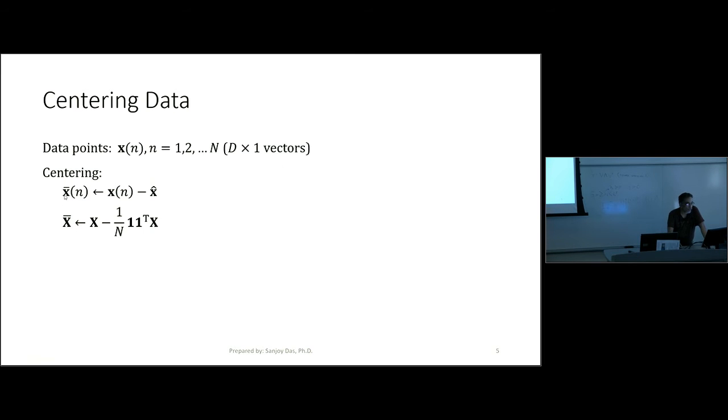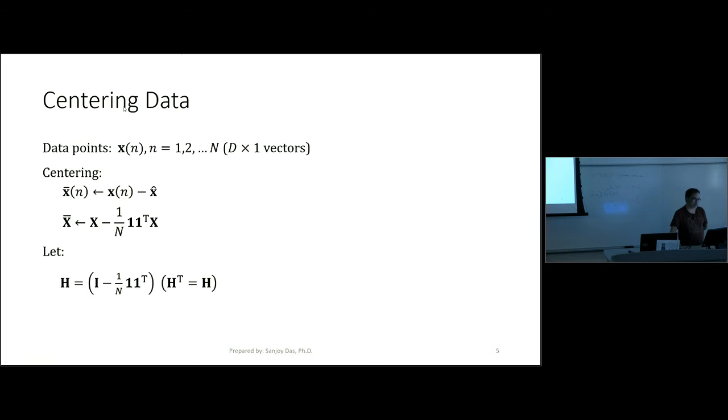And this is how you do centering. Here is each individual sample x_n. The data matrix you can center using only one expression like this, which is good news for you because you can translate it to only a single command in MATLAB: X bar is equal to X minus 1 over n, 1 1 transpose X. And I'll have an illustration of how this works.